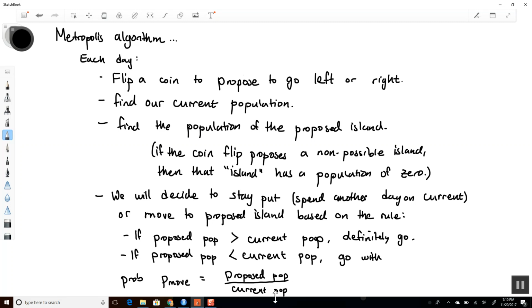Okay. Here, let me just write this. Draw runif(1), and if our runif is less than P move, move islands.